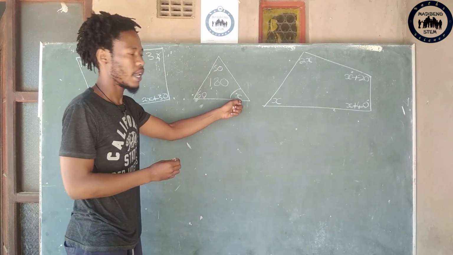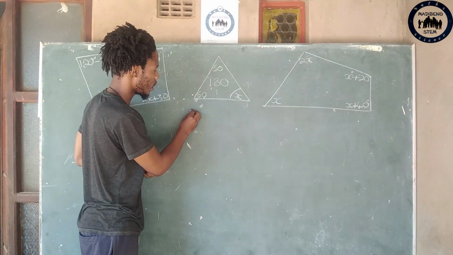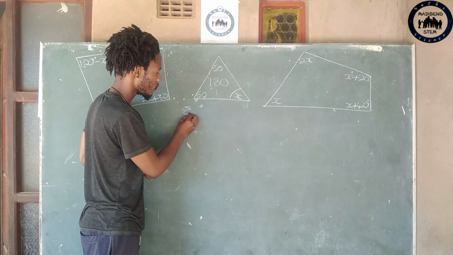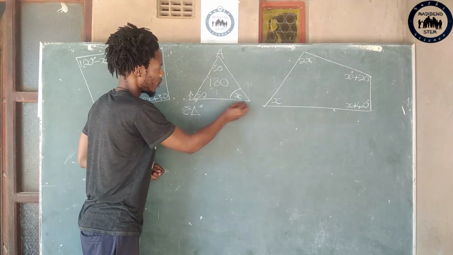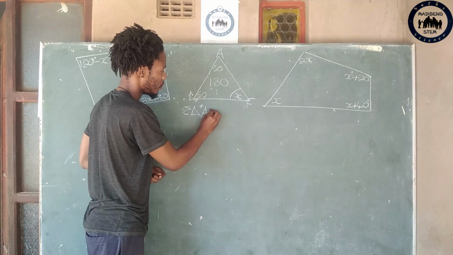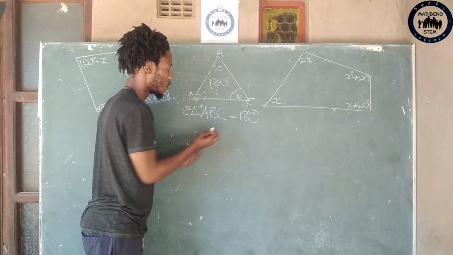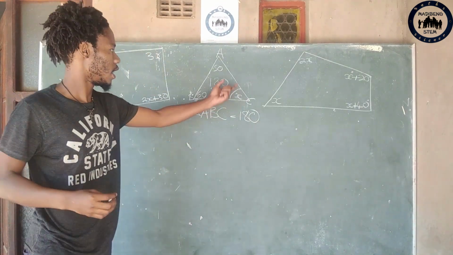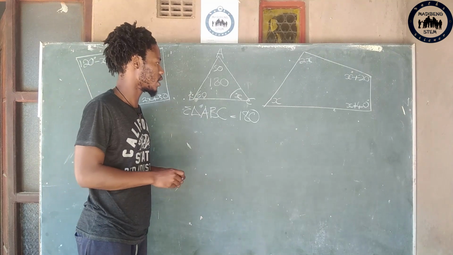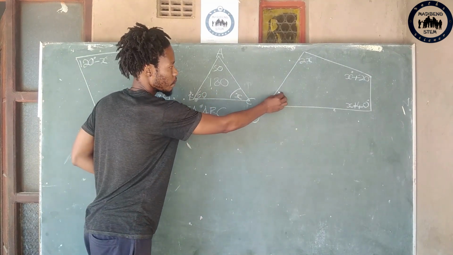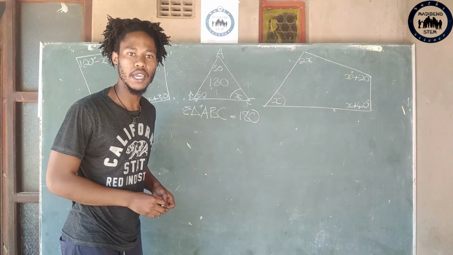When we want this missing angle, we will say the sum of triangle A, B, and C is equal to 180. This is how we answer these questions when we deal with triangles, and those triangles don't have many variables like these quadrilaterals do.